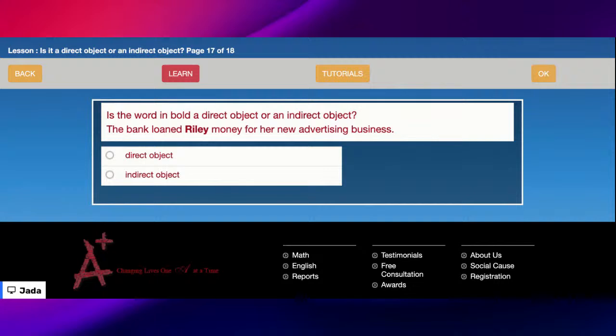The bank loaned Riley money for her new advertising business. This one? What's the answer? What's the right answer for this one?